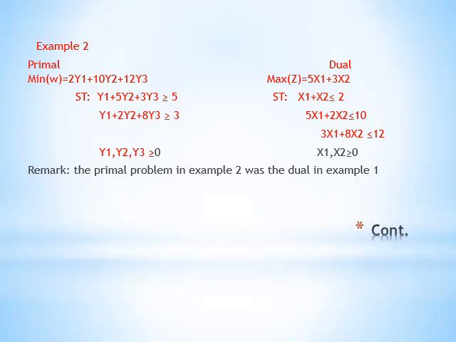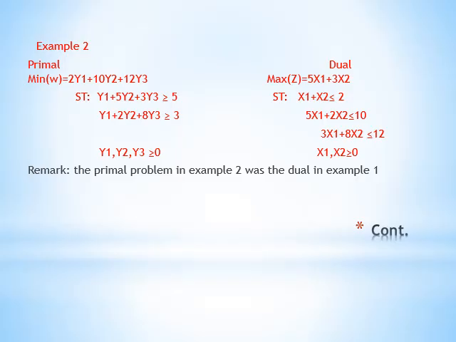The second constraint, 5x1 plus 2x2 less than or equal 10. What is 10? 10 is the coefficient of the second variable, y2. 12: 3x1 plus 8x2 less or equal 12. What is 12? 12 is the parameter of the variable y3.